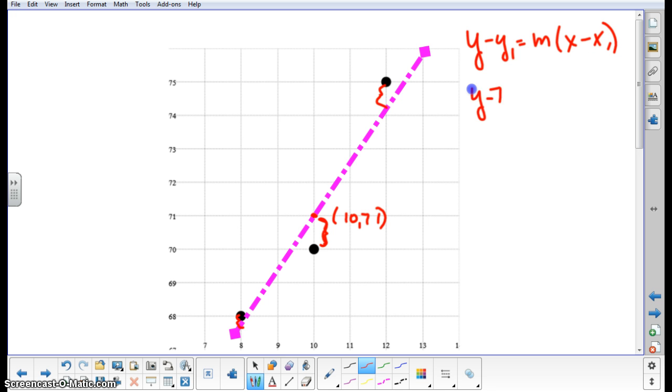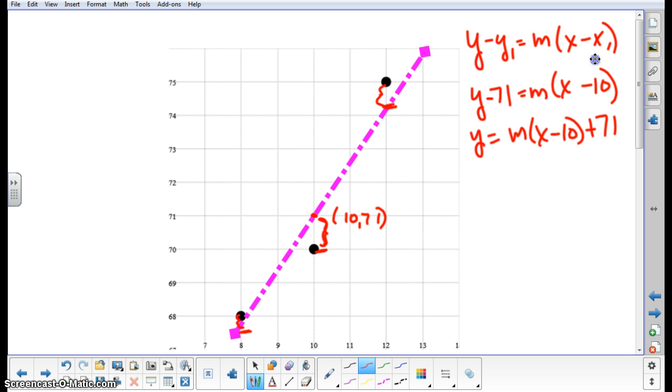So y minus 71 is equal to m times x minus 10, and if we rearrange that, y is equal to m times x minus 10, plus 71. Now we're going to calculate the y value of the line at each of these points, and subtract that value from the data point values.